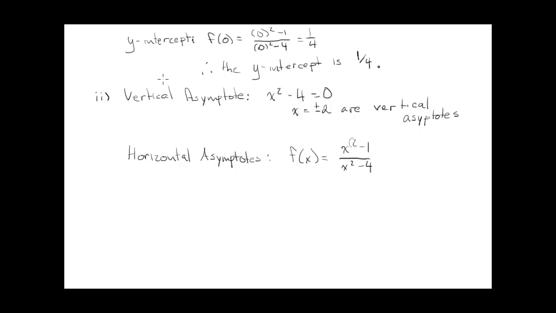If the degrees are equal, which they are in this case, then you just look at the leading coefficient of those two terms, which is 1 in both cases, and the horizontal asymptote will be the quotient of these two things, which is 1. So there is a horizontal asymptote of y equals 1.